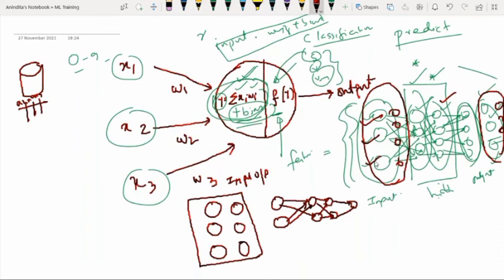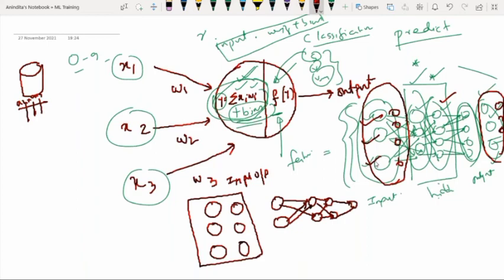Now on the other hand, if I ask you, can we increase the number of layers in the hidden layer? Yes. The hidden layer is the main part of the neural network, which actually performs the processing. Whenever we increase the number of layers in the hidden section, we are creating the deep neural network concept.